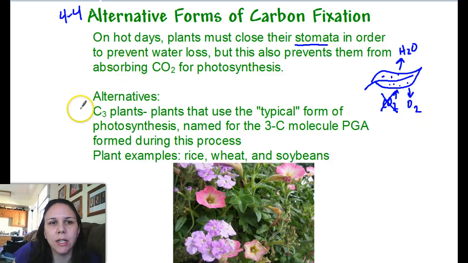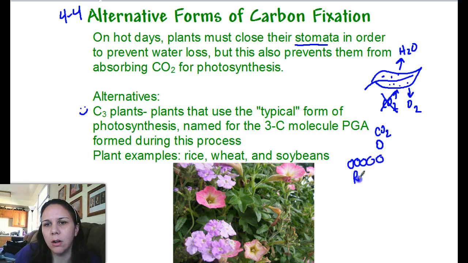So here is the norm. This is what most plants do. That type of photosynthesis we refer to as C3 photosynthesis, or we call them C3 plants. The reason why we call them C3 plants is because, as you remember, the carbon dioxide comes in and joins with the 5-carbon RuBP, and that turns into two 3-carbon molecules called PGA.